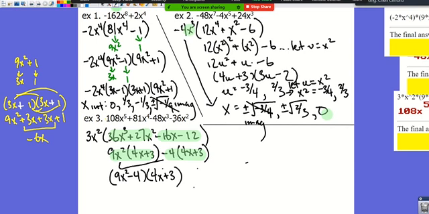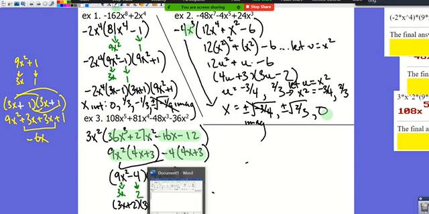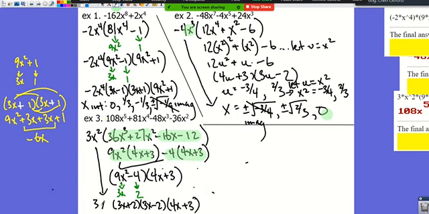Now check this out. You can do another perfect square right here. This is a perfect square of 3x. This is a perfect square of 2. And I get 3x plus 2, 3x minus 2, 4x plus 3. And again, I'm going to bring this down, and I'm going to get 3x squared.